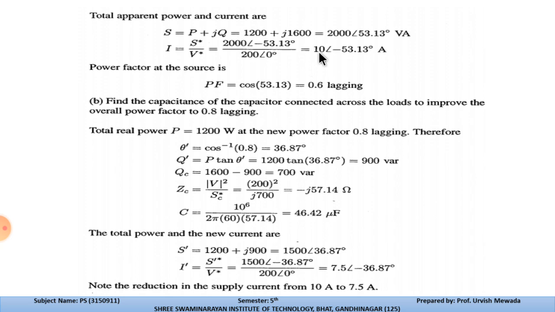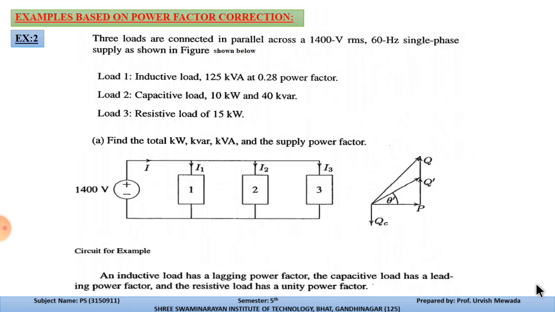The current required for the previous circuit was 10 ampere. Now this is the required current for the circuit having a branch of capacitor, so it is 7.5 ampere. And this is the angle of the VAR which is required to compensate the power factor. So the current requirement will become 10 ampere to 7.5 ampere. So this is how we can improve the power factor of the circuit by adding the capacitor branch as well as the inductor branch.